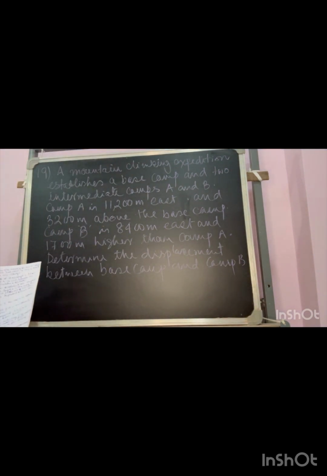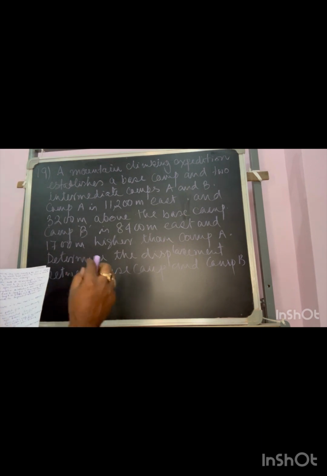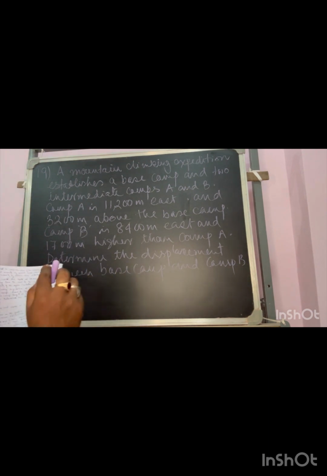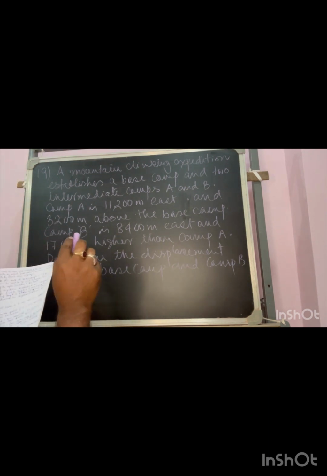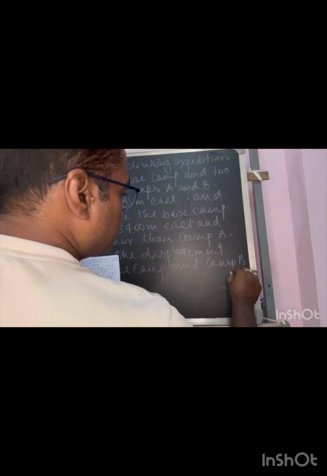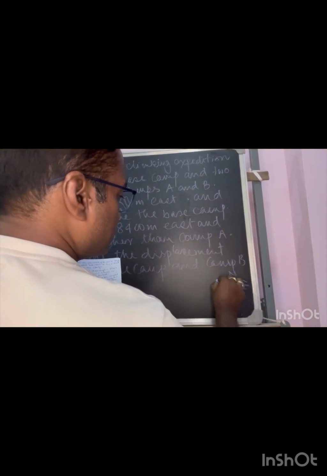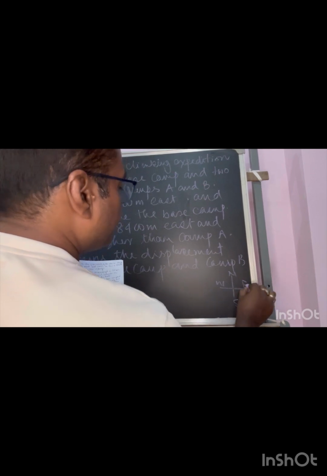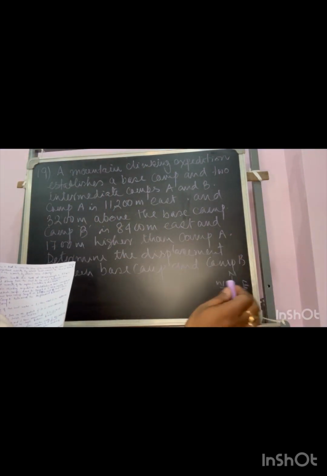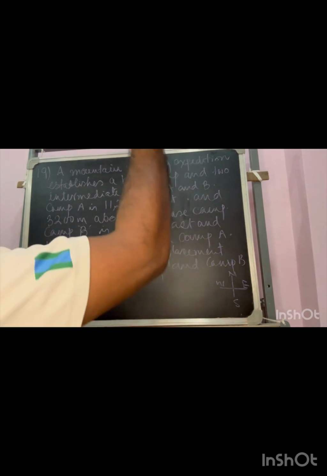Let me read it out again. A mountain climbing expedition establishes a base camp and two intermediate camps A and B. Camp A is 11,200 meter east, so you know the directions north, east, west, south, and 3,200 meter above the base camp.